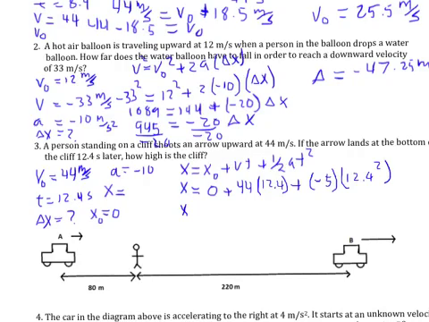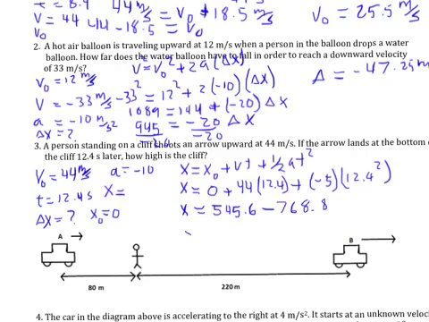Alright, x equals, well, I can skip the 0, 44 times 12.4 gives me 545.6. And now I'm adding a negative value, so that's the same thing as subtracting. If I take all of this here and enter it into my calculator, I get negative 768.8.